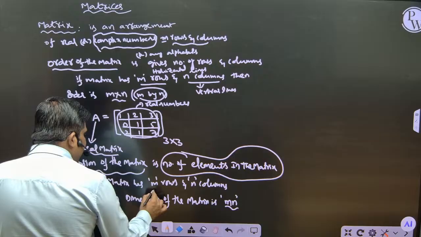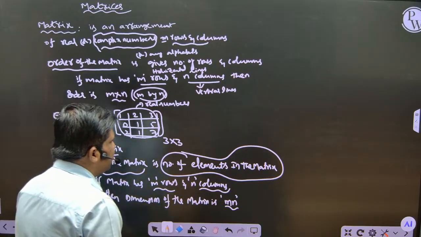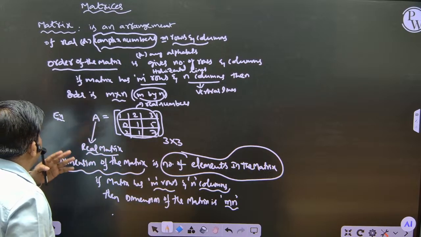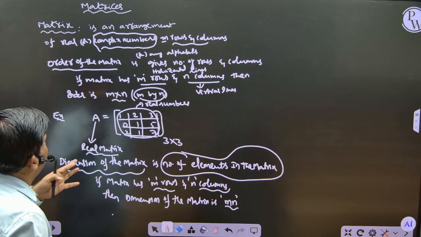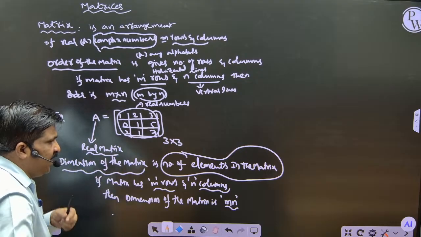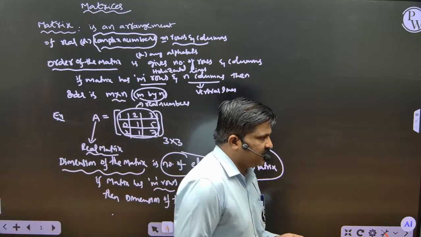If the matrix has m rows and n columns, then the dimension is mn. Remember that a matrix is an arrangement of real or complex numbers in rows and columns, and if you need, you can also arrange alphabets in rows and columns.